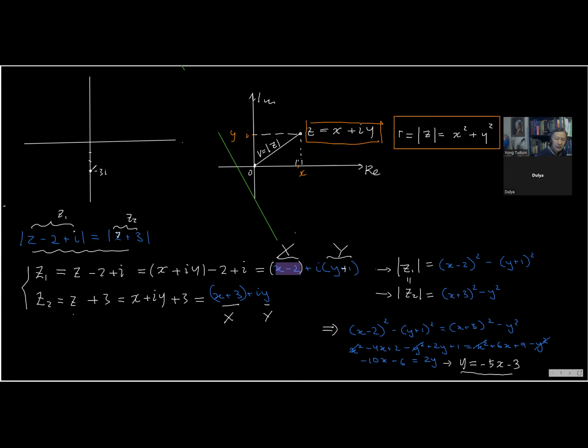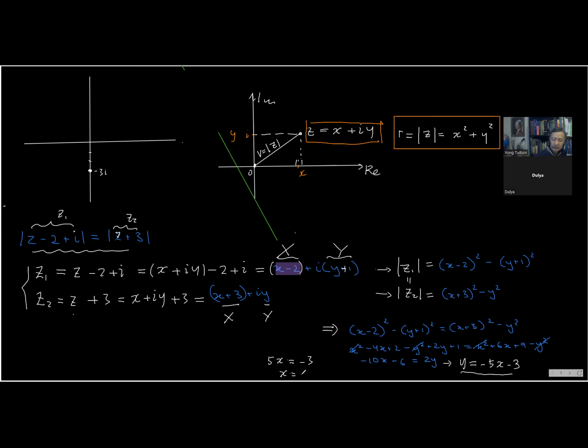Can you see? We just consider this coordinate. And when y equal to 0, what is x? So when y equal to 0, 5x is equal to negative 3, right? So x is equal to a negative number. So we just draw this straight line first.